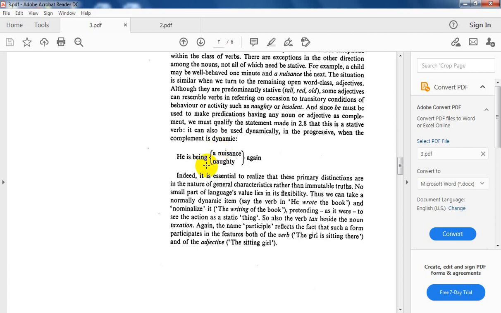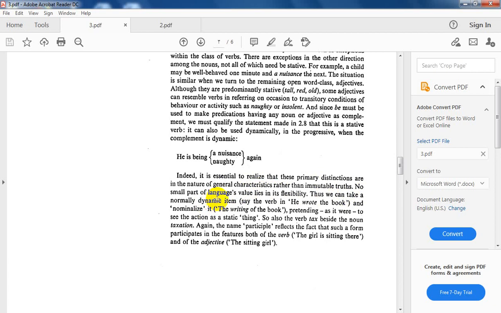Indeed, it is essential to realize that this is a primary distinction. You see, primary, not something settled, not something permanent. It is what? Just to make some sort of generalizations, they are in the nature of general characteristics rather than immutable truths.